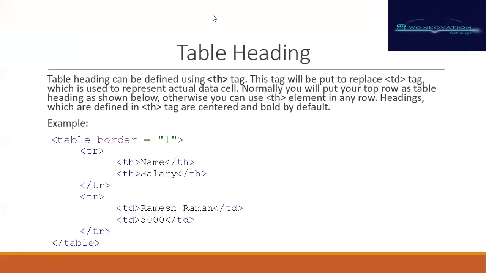Now moving further, we can also give the table heading. Have you seen the difference between tags on a website? One tag is there for one difference, and the second tag is for the second difference. On the top there is the table heading, which tells which category it belongs to.